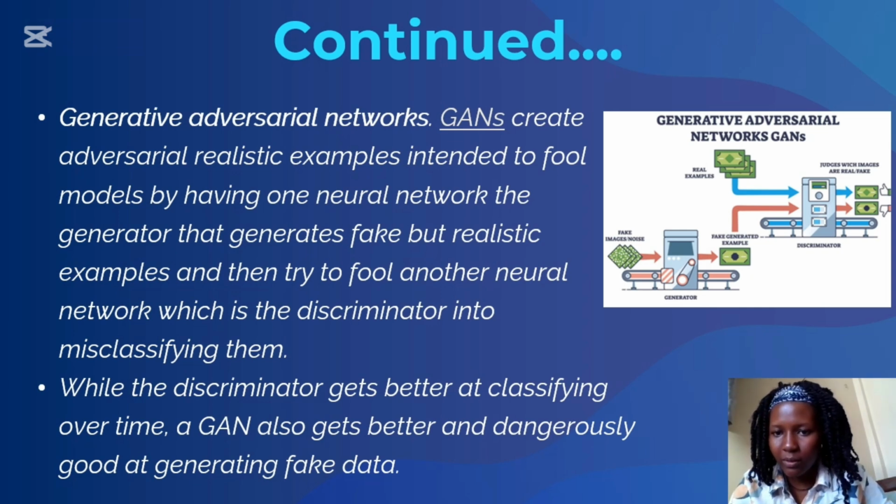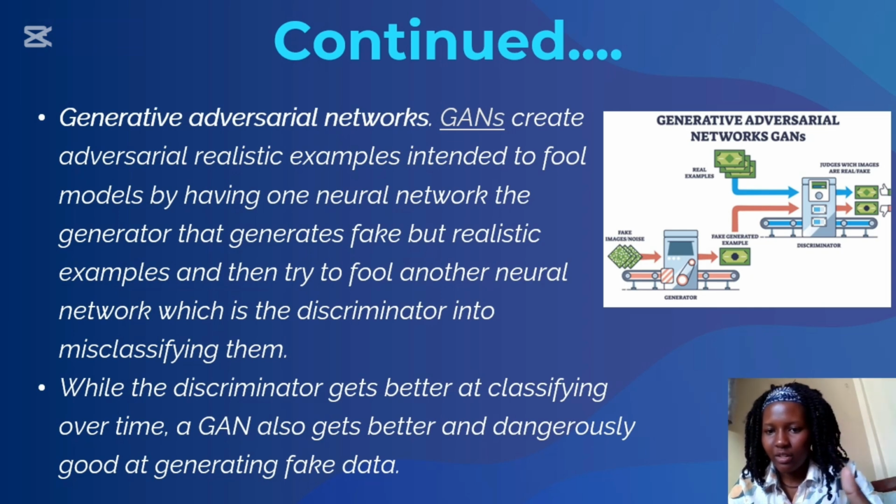So let's first look at this picture here. This is a money making machine. We get real examples, and the real money is taken through this discriminator, and the generator adds in fake noise, and then it gets a copy of this real image and also prints out a copy of its own fake data.